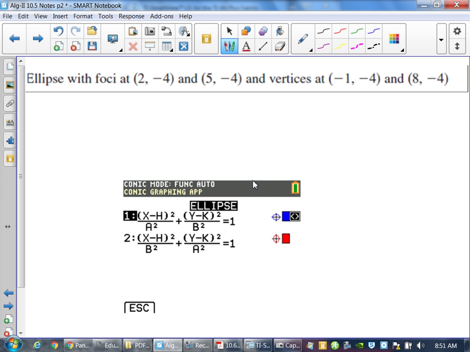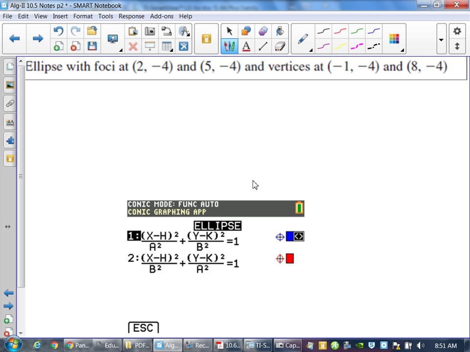So we start. You have foci at (2, -4) and (5, -4). Sorry, going the wrong direction.